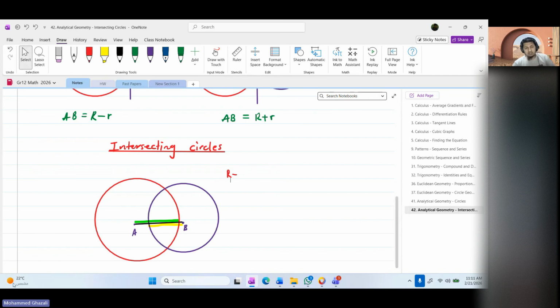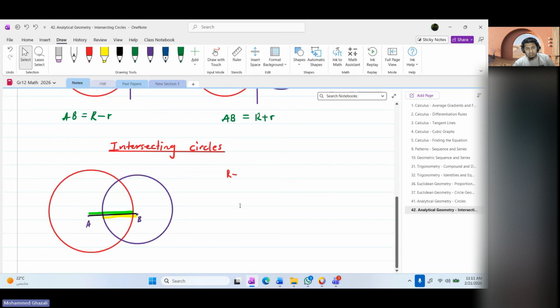The rule is, then it will always intersect at 2 points. So you have intersecting circles. It intersects at 2 points. So the distance AB, the distance between A and B, must be between R minus r and R plus r.